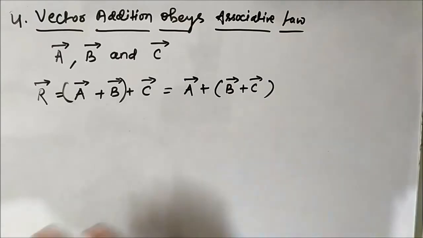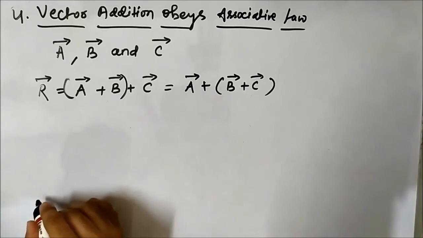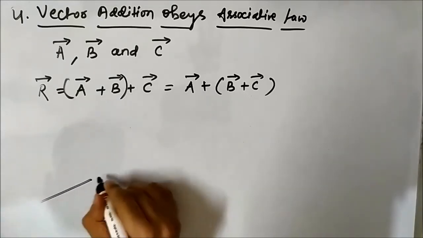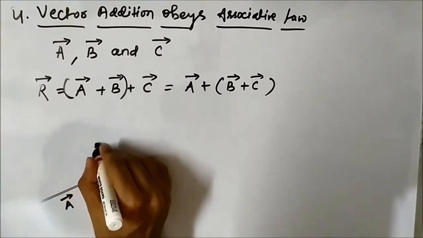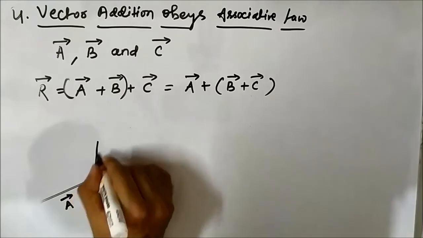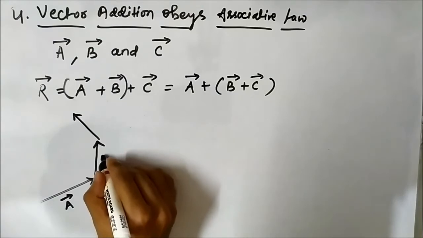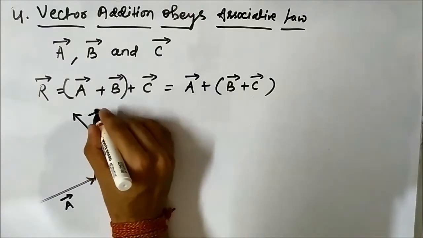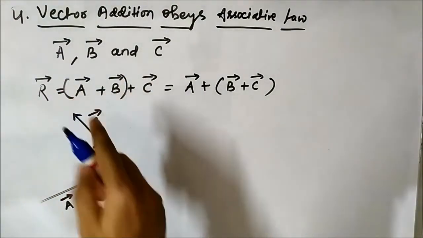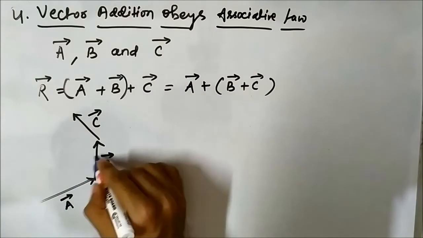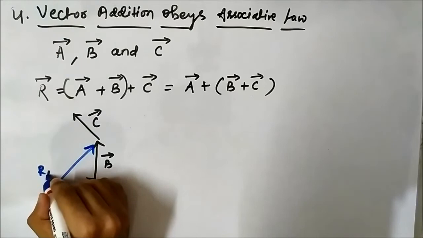So in terms of the graphical way, let us understand it. Suppose we have the vectors a vector, b vector and c vector. Now, first, a vector and b vector, the resultant of these two is this, r, a, b.